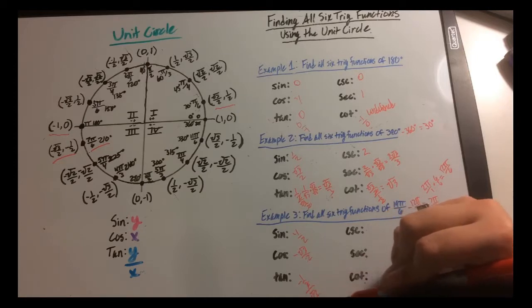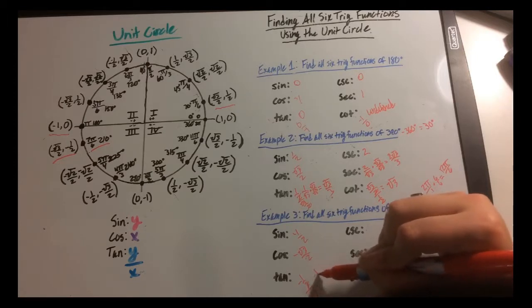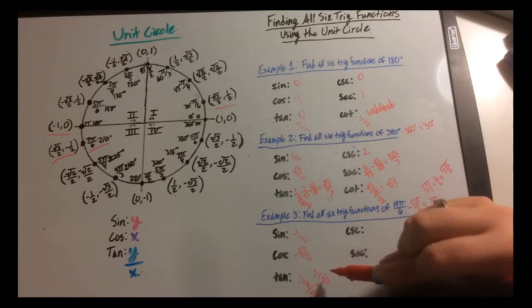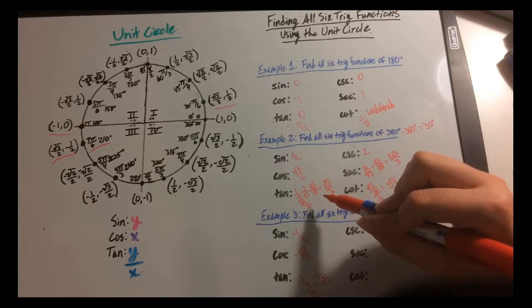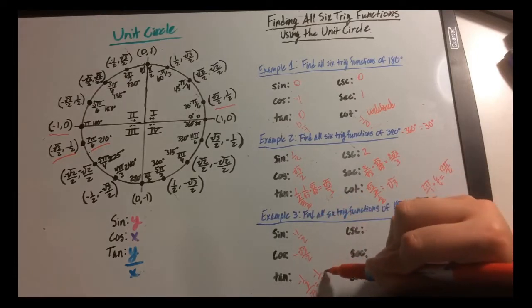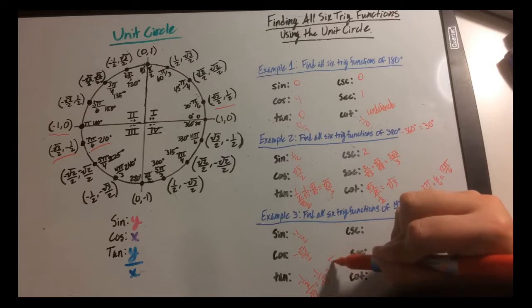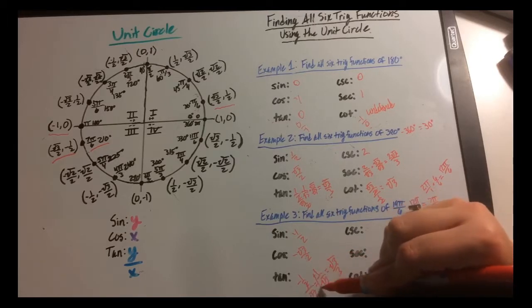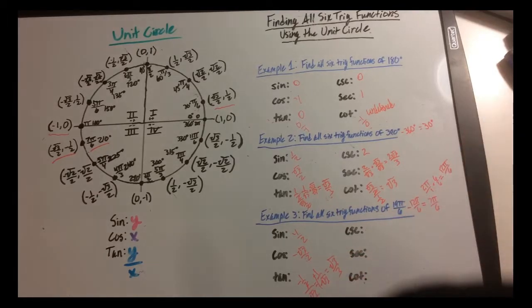So the 2's still cancel out, and you're left with -1 over negative square root of 3. So you use the same process as here, and you simplify. So that leaves you with square root of 3 over 3 as the negatives cancel out and become positive.